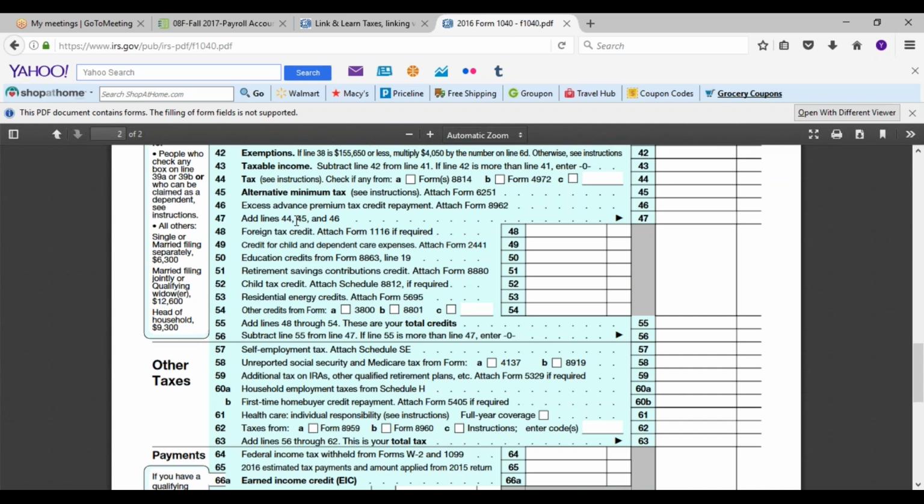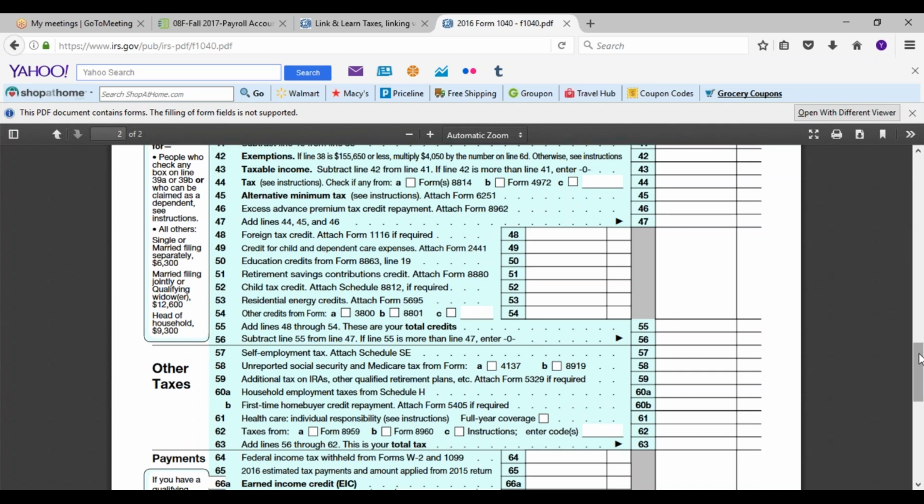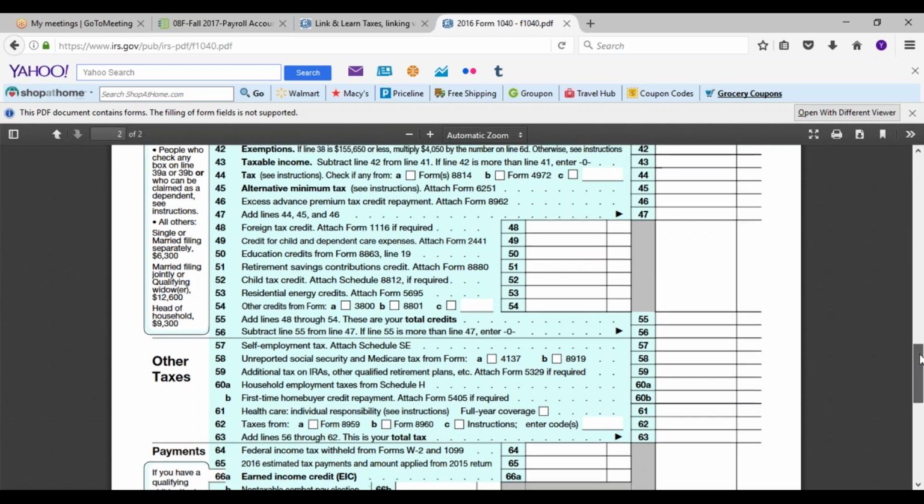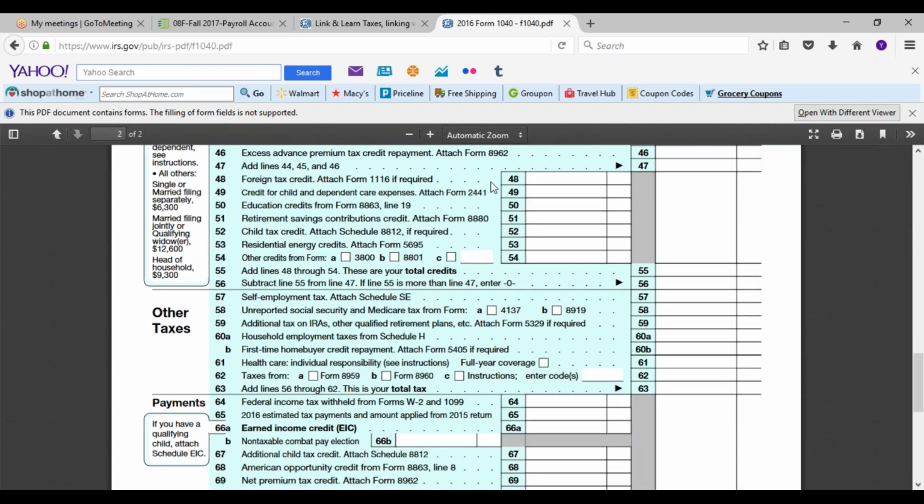These credits are better than the deductions that we looked at a little bit before. So it goes your income first, then some deductions, which includes your itemized deductions or standard deductions. Then you look up your tax, and the last thing is your credits.